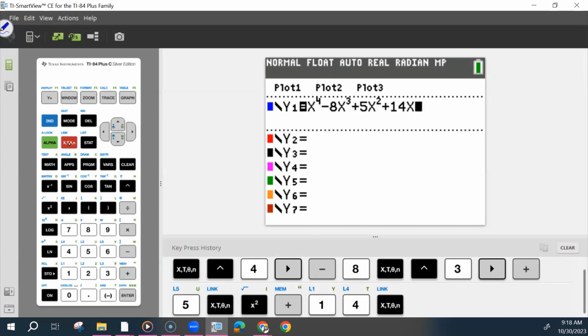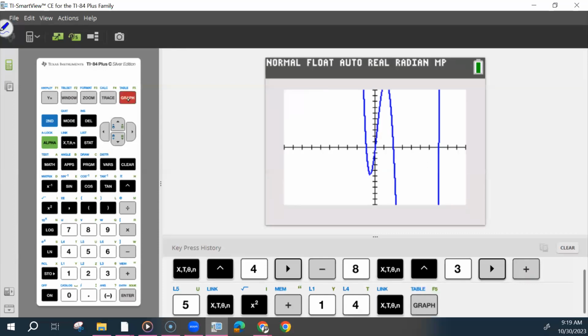Once you have all of that in your y equals, you're gonna graph. And you should be able to see where this goes through your x-intercept. So at these 4 points, 0, -1, 2, and 7.